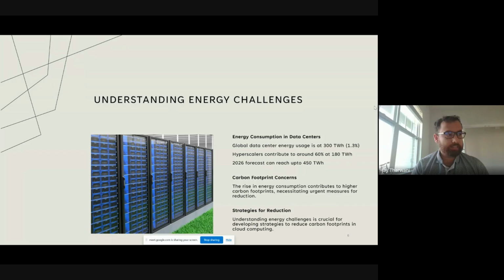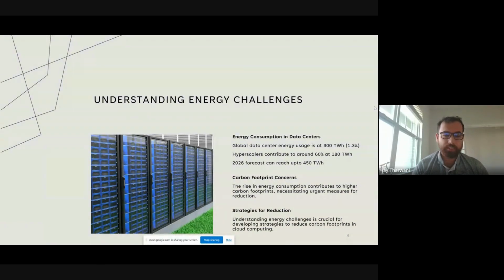And this energy, does anybody know how much the energy usage of India was in 2022? Okay, I'll give that number. India consumed about 1500 terawatt hours in the year 2022. So this 300 terawatt hours is around 1/5 of the energy which India is consuming.